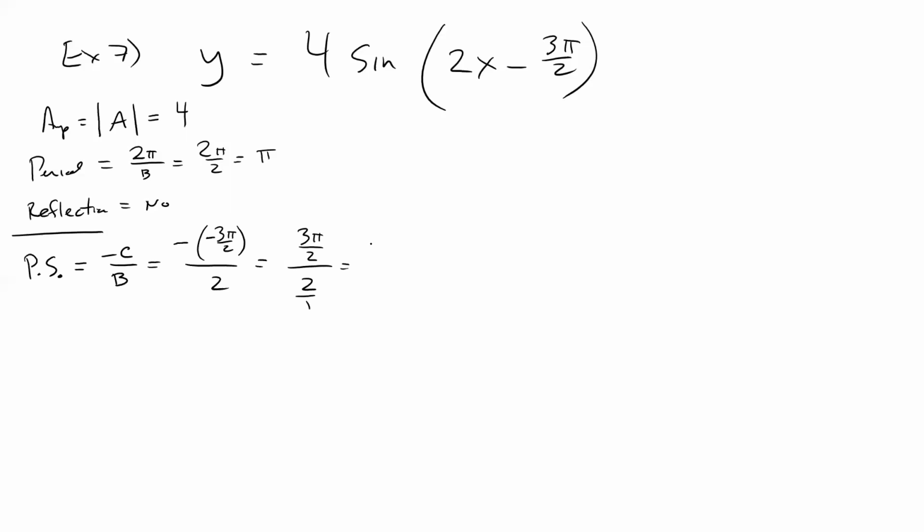Becomes 2 over 1. And how about 3 pi over 2 multiplied by what, 1/2? Since this guy spins around, it takes the reciprocal of it. Are we good there? And then we've got ourselves 3 pi over 4. Okay. How about phase shift here is a right. 3 pi over 4. Are we good there?